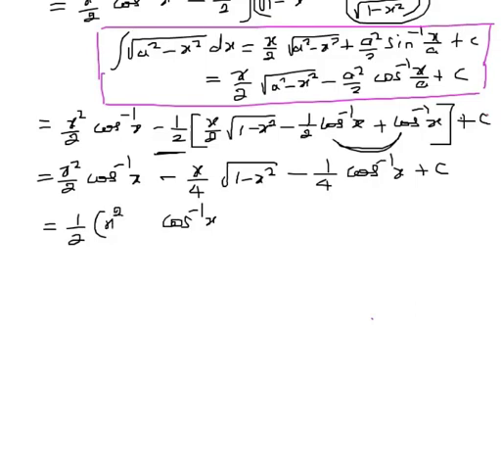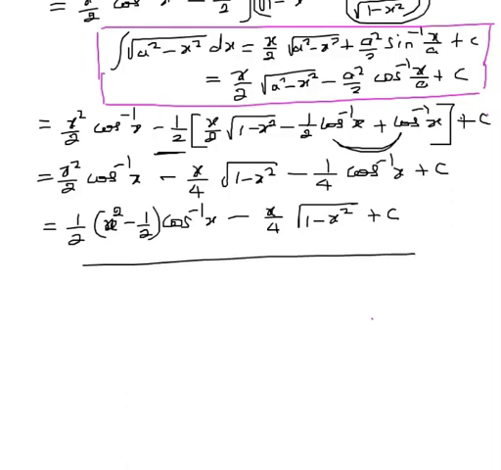We have x square from the first term and minus half from the third term. Then write the middle term here and plus c. This is the answer. Or you may give the answer with first term in terms of cos inverse of x and other two terms in terms of sin inverse of x.